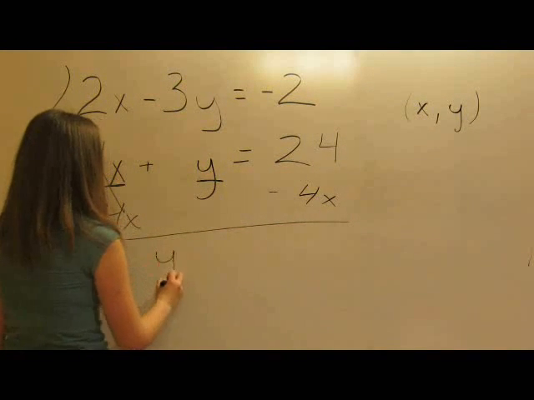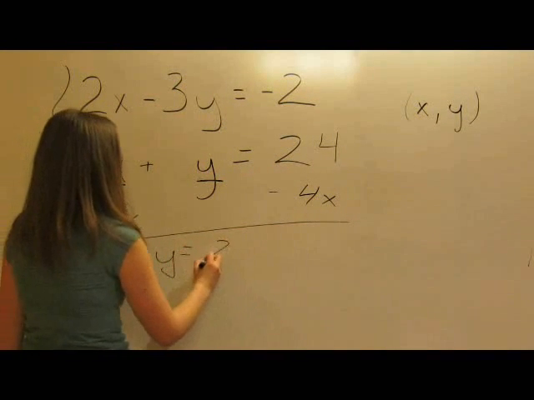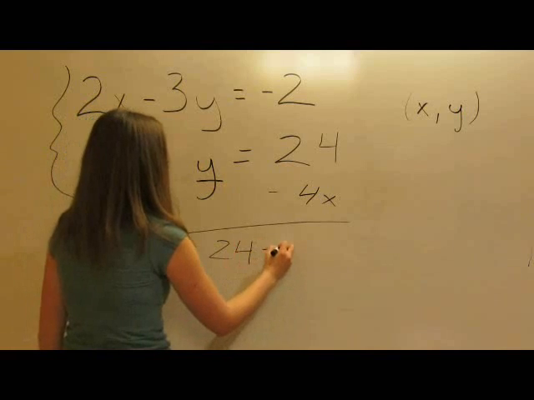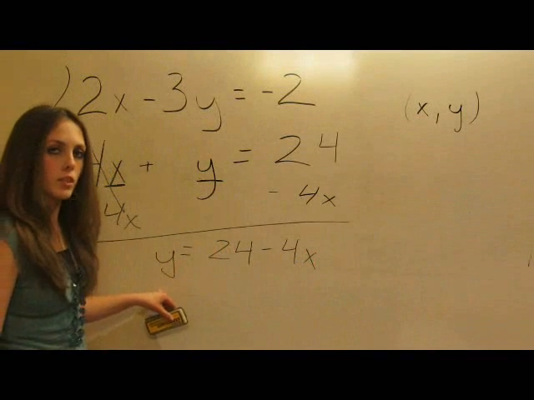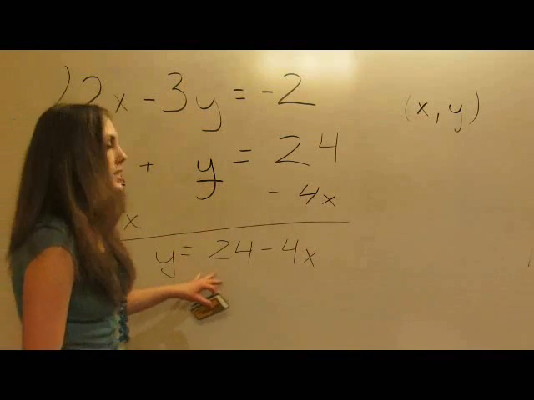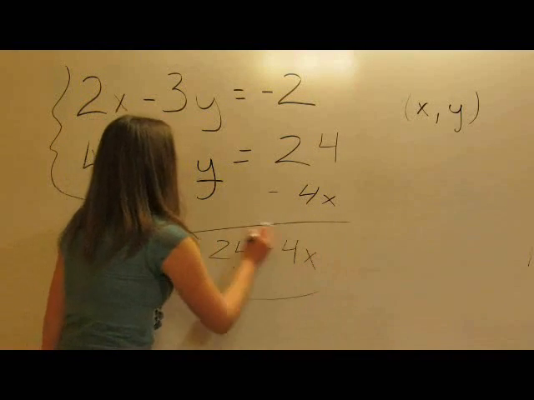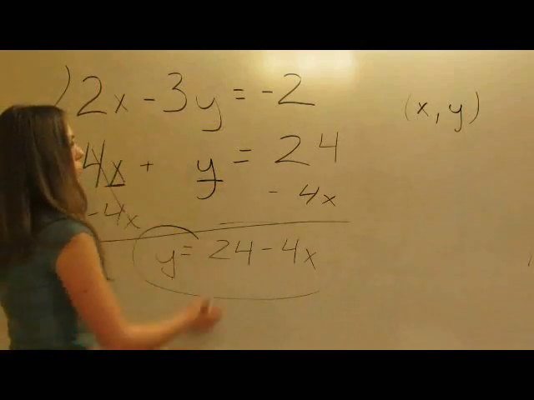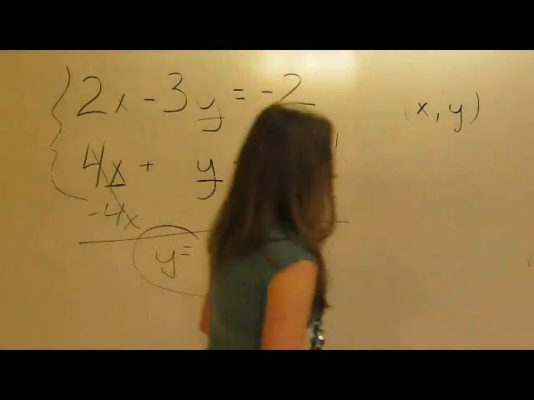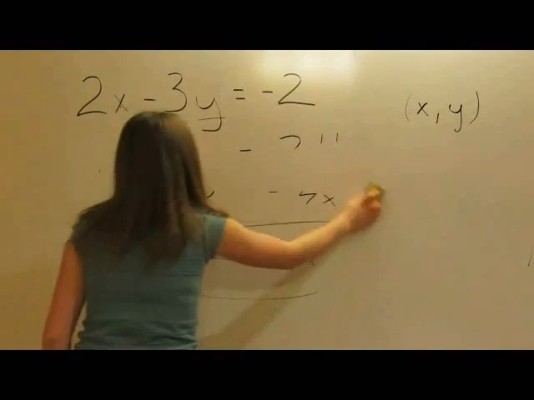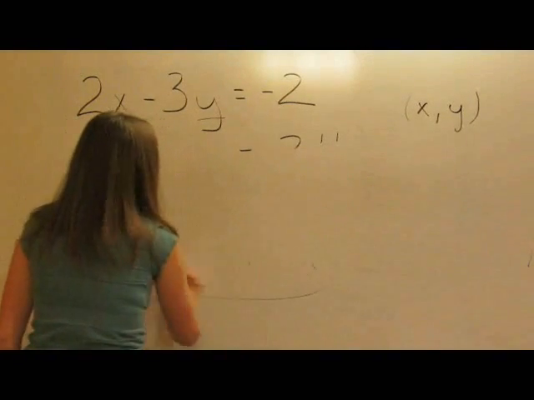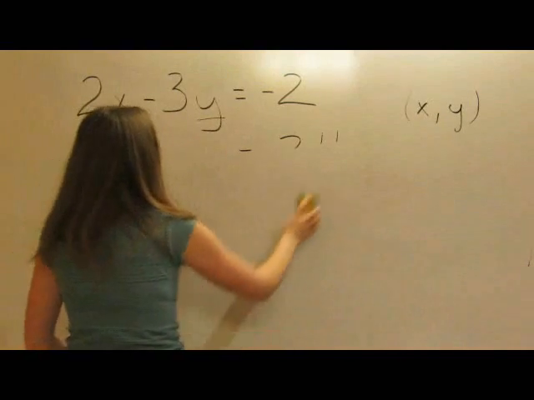That gives us y equals 24 minus 4x. We've isolated y on one side of the equation, so we can substitute this value into the other equation for y. So let's do that. Let's substitute y equals 24 minus 4x in for y.